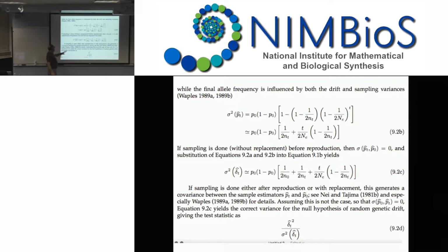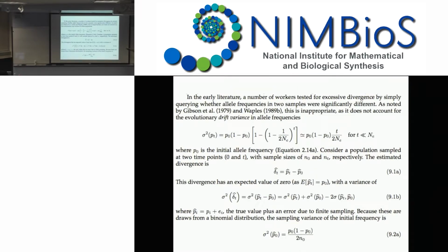So the idea is, if I'm doing a t-like test, I have a difference divided by a variance. And that variance has to account for the fact that it's a function of the divergence time. If I just simply compare allele frequencies and ask if they're different, I'm not accounting for that divergence time, and therefore I'm not doing a proper accounting for drift.